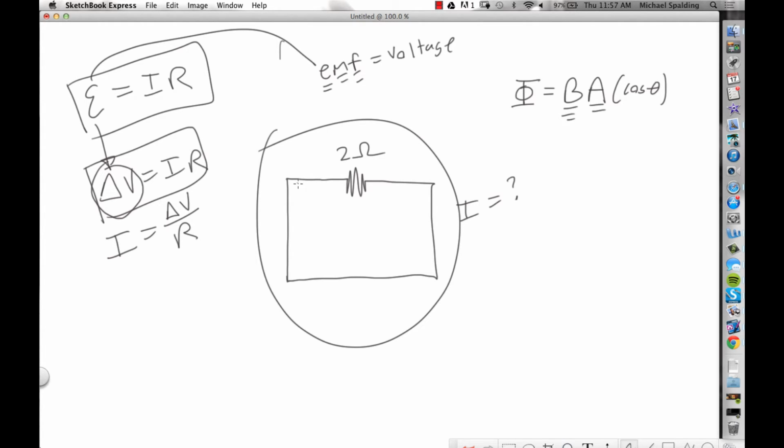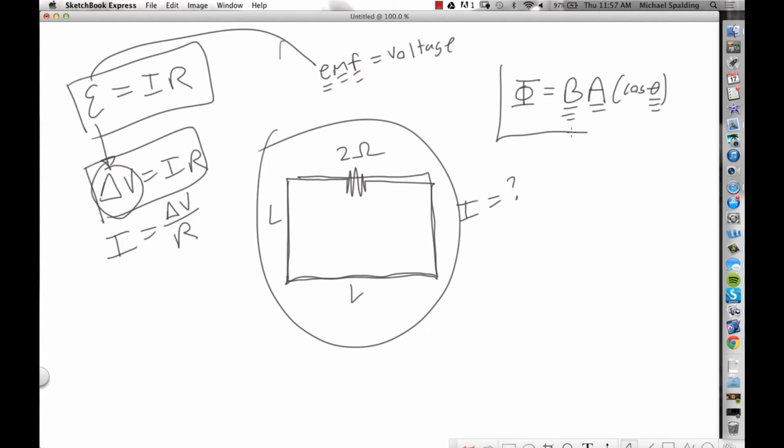A is the area of the loop, so here you would go length times length to get the area. And then cosine theta. Theta is the trickiest part. It's the angle between the normal line to the loop and the field. The normal line to the loop is like a line sticking perpendicular, straight out of the loop.